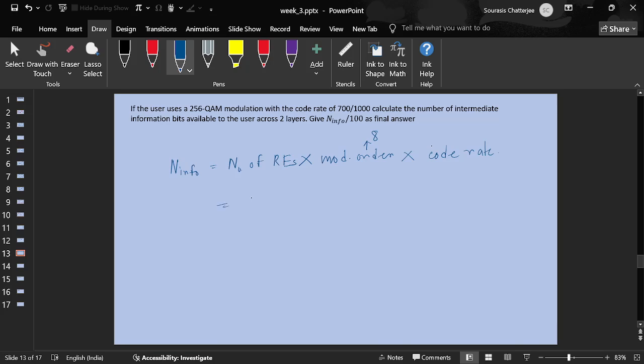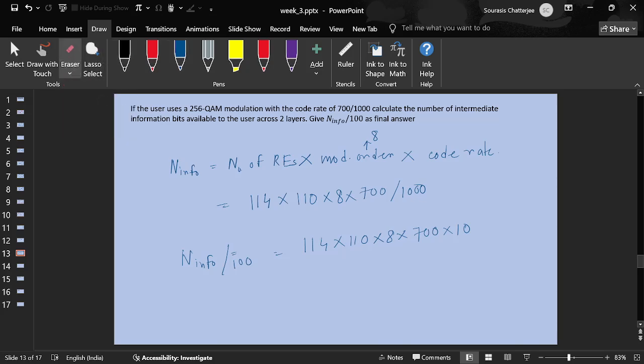So that is 114 times 110 times 8 times 700 divided by 1000, and the answer is supposed to be in terms of Mbps, so it should be 114 times 110 into 8 into 700 divided by 1000, divided by 10. Thanks for pointing this out.